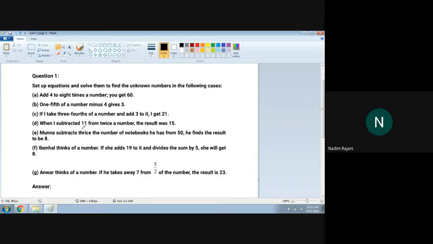When I subtract 11 from twice a number, the result was 15. When I subtracted 11, from what did I subtract? Twice a number. Let's suppose a number be a. So twice a number means 2a minus 11, you get 15. Any doubt? No, sir.